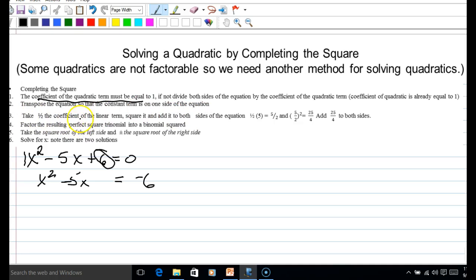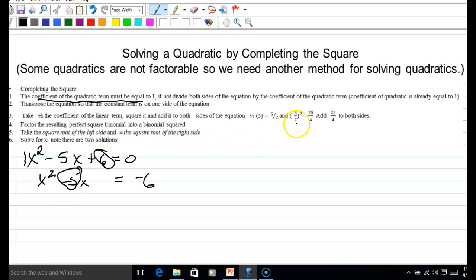Now I'm going to take 1/2 the coefficient of the linear term. The linear term is minus 5. So 1/2 of minus 5 is minus 5/2. Then I'm going to square that value.